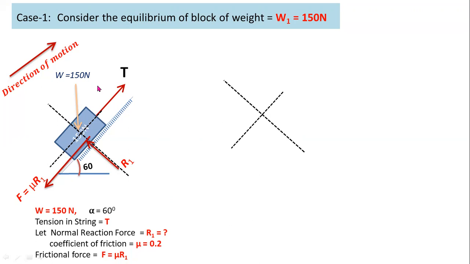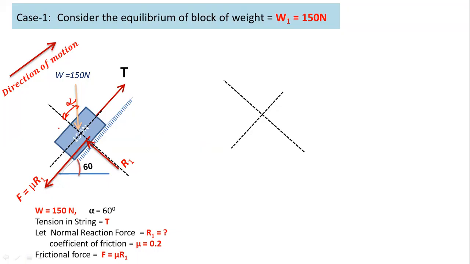You have to draw all the forces along the inclined plane and normal to the plane. First of all, you have to convert this self weight W into two components. Here, this self weight makes an angle alpha with respect to the normal axis.